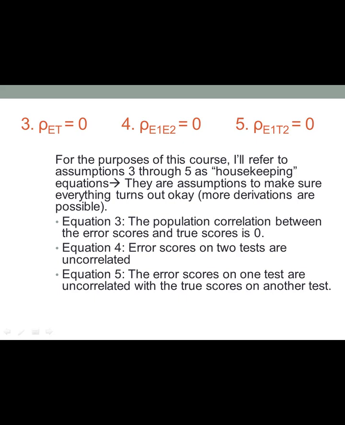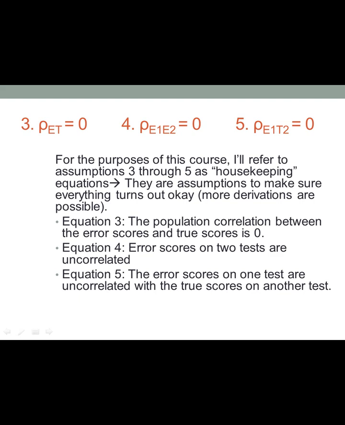But the reason I bring that up is that we can consider these 3 equations to be kind of housekeeping equations. They're assumptions or equations to make sure that everything turns out okay. That is to say, more derivations are possible, and these other derivations help us understand more about tests. So that's these 3 equations, 3 through 5.